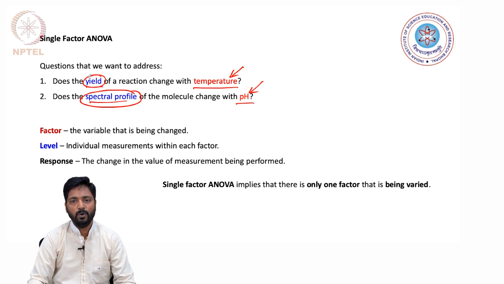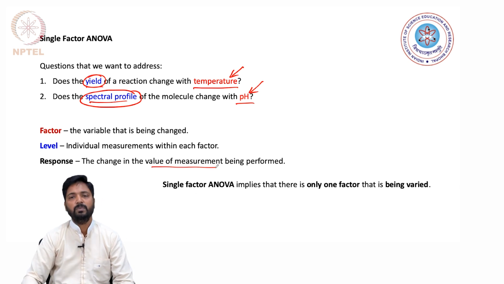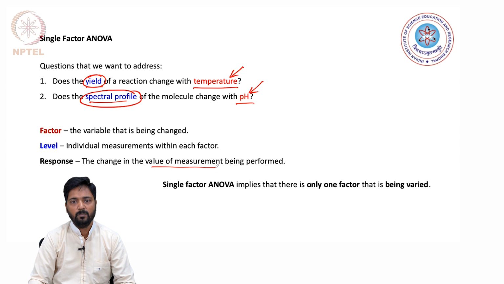Now the response is nothing but the change in the value of measurement being performed. For example, when we are comparing the spectral profile of a molecule with change of pH, it is the wavelength which will be the response, and the spectral profiles generated at different pH will be the different levels, and pH is a variable here, so it will be the factor.